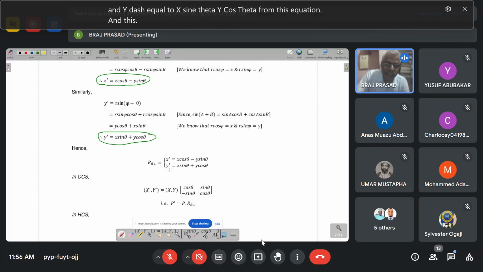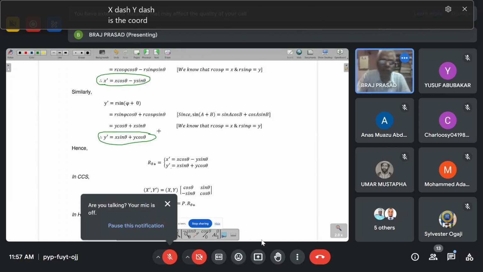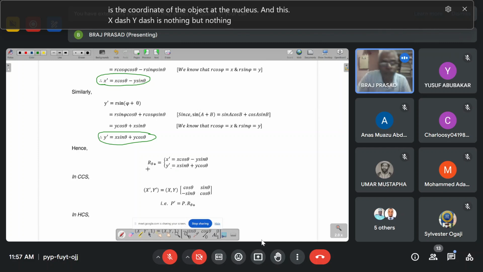And this x dash, y dash is the coordinate of the object at the new place, and this is nothing but the rotation of the object by an angle theta.